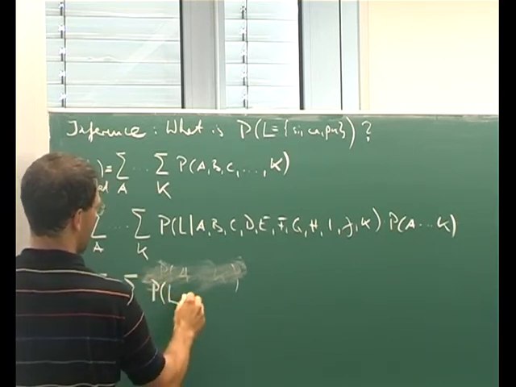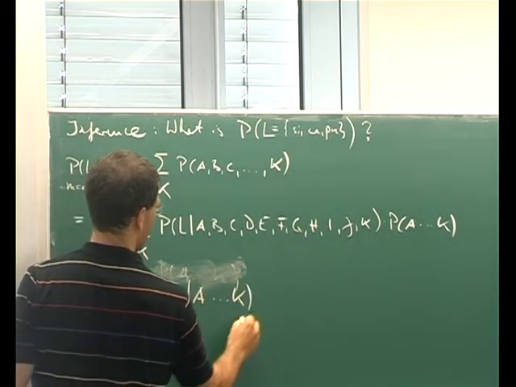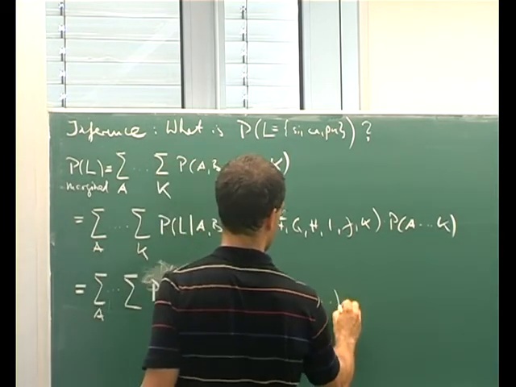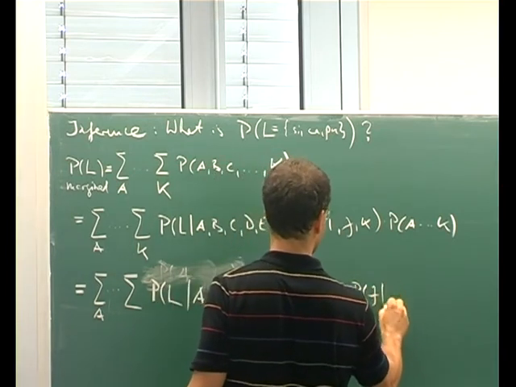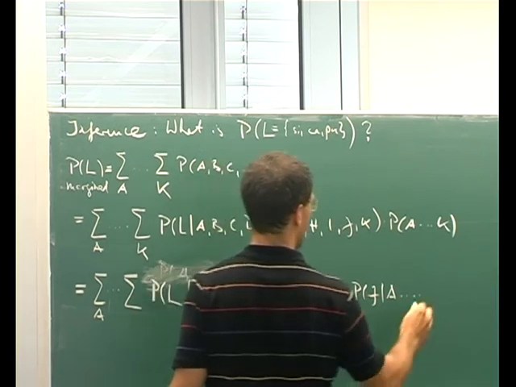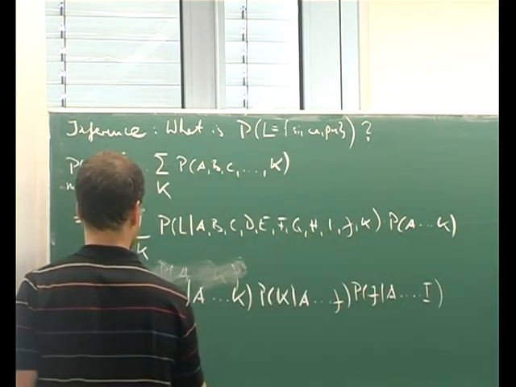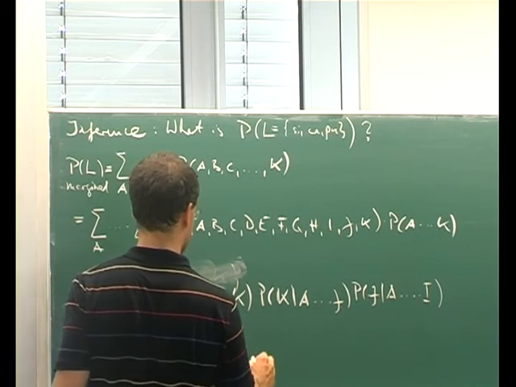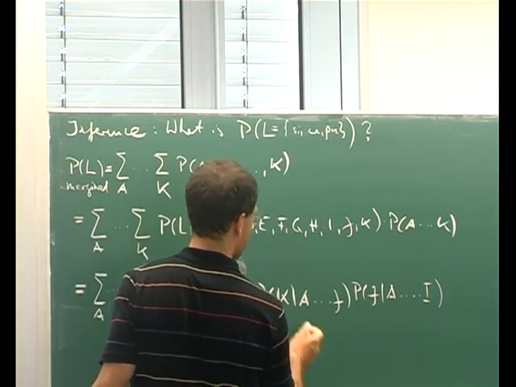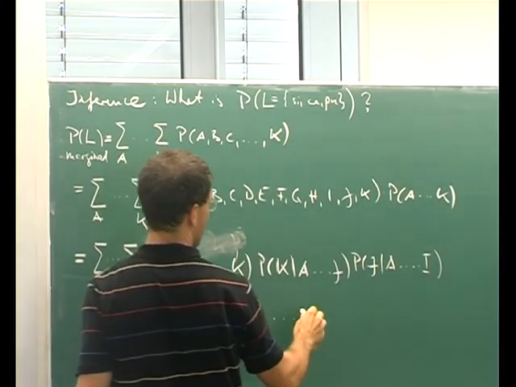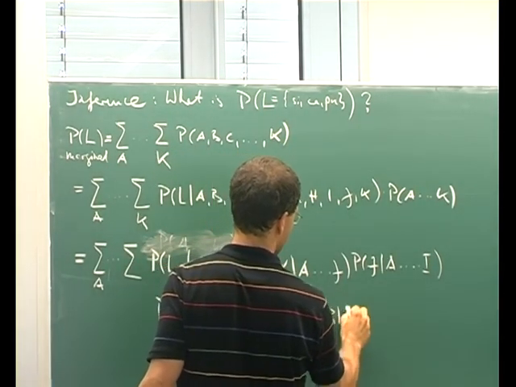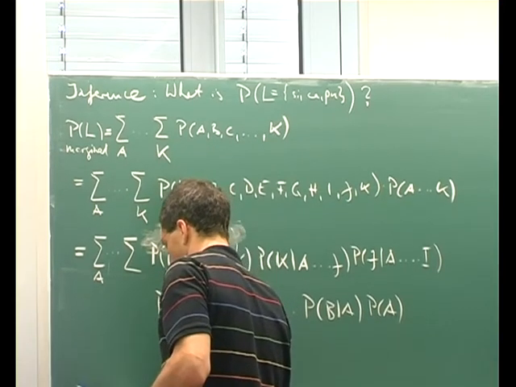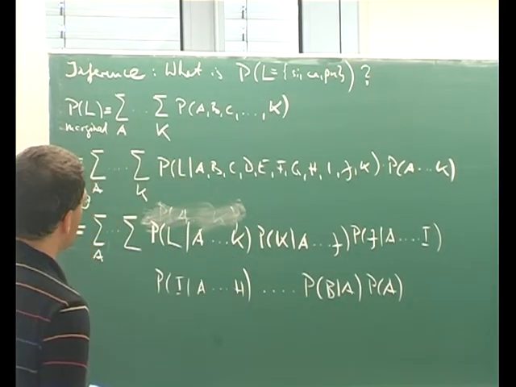So we would have P of L given A up to K times K given A up to J times the probability of J given A up to I, and so on, given A up to H. Okay, and perhaps this is getting too boring. So the last terms would be probability of B given A times P of A. So that is possible.